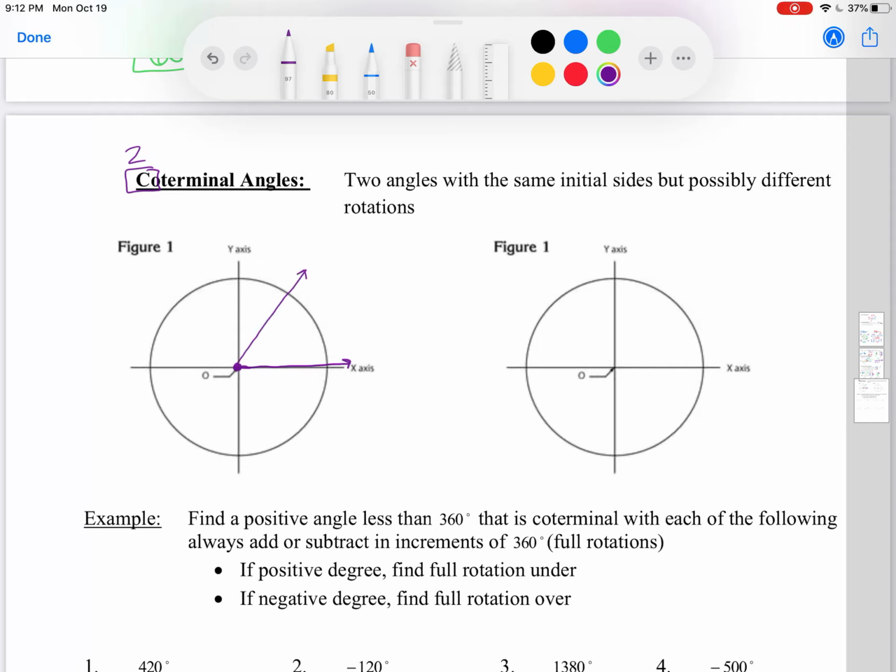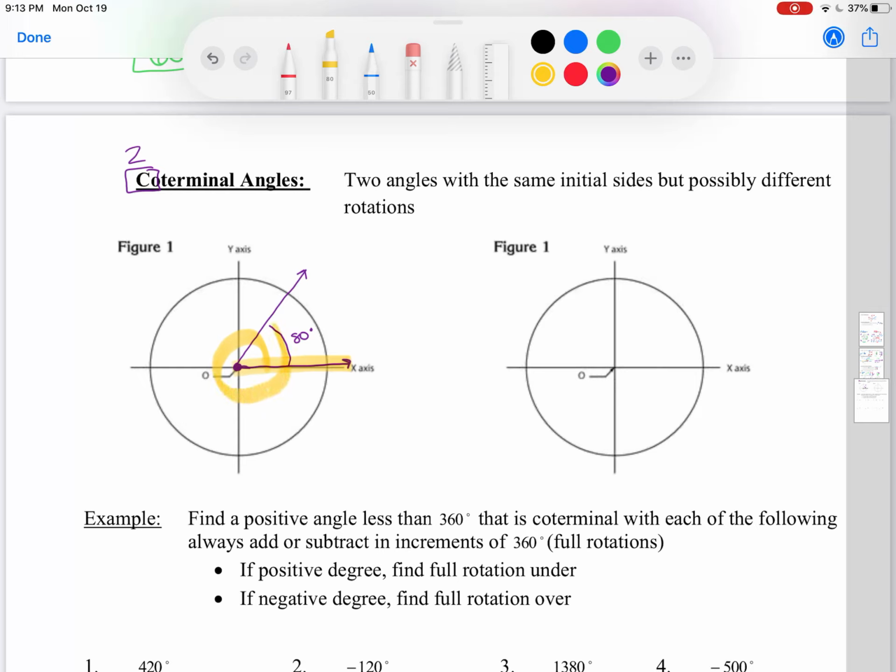If I have an angle with my vertex in the origin, initial side here, let's say that angle is 80 degrees. So it's going to still stay in the first quadrant. Okay, so that's my first angle. But a coterminal angle is saying it's two angles with the same initial side, but possibly different rotations. And what that means is if I have the first angle, such as 80 degrees, let's make a second angle, and I will do that here in a highlighter so you can tell the difference easily.